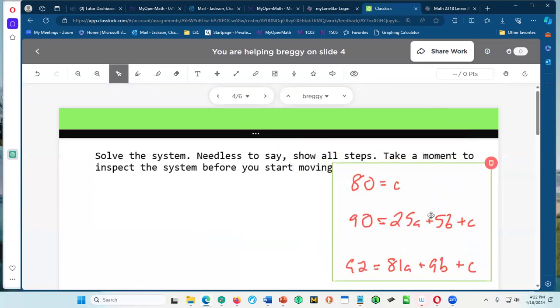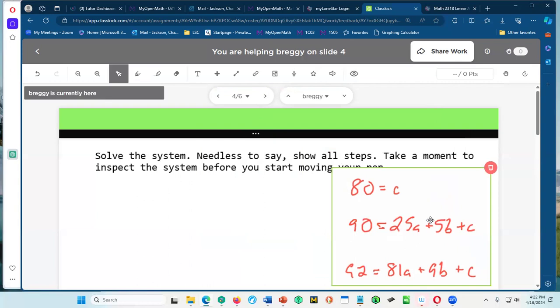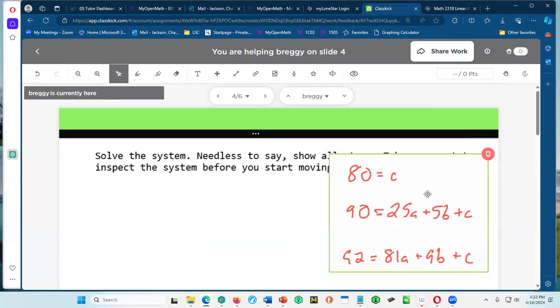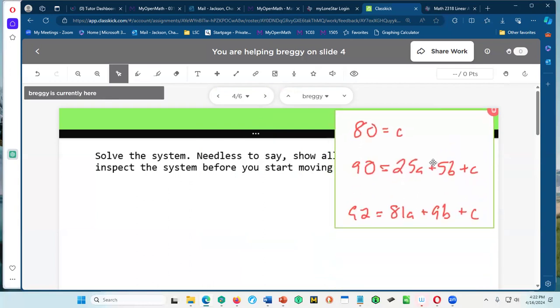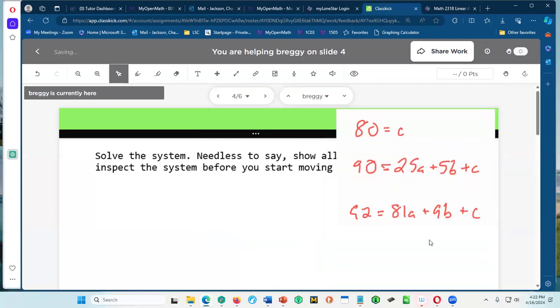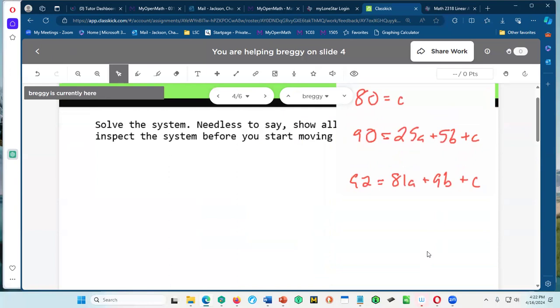Then the system, needless to say, show all steps. Take a moment to inspect the system before you start moving your pen, which is generally a good idea.